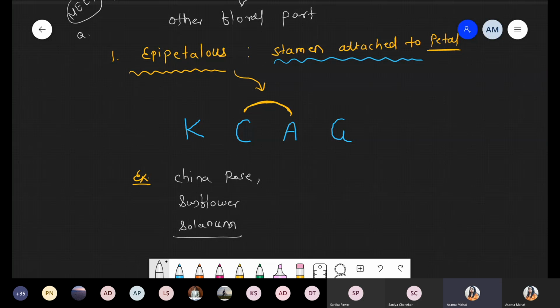So second point. The second condition we are talking about is epiphyllous.